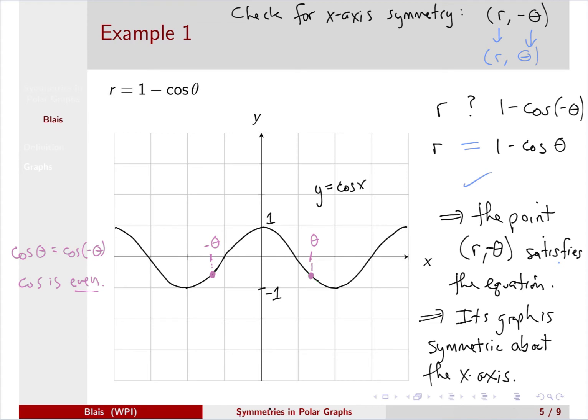And in terms of graphing the actual polar equation, which we will do in a subsequent lecture, this becomes very handy because anything that you graph, you can reflect about the x-axis. And it saves time and effort.